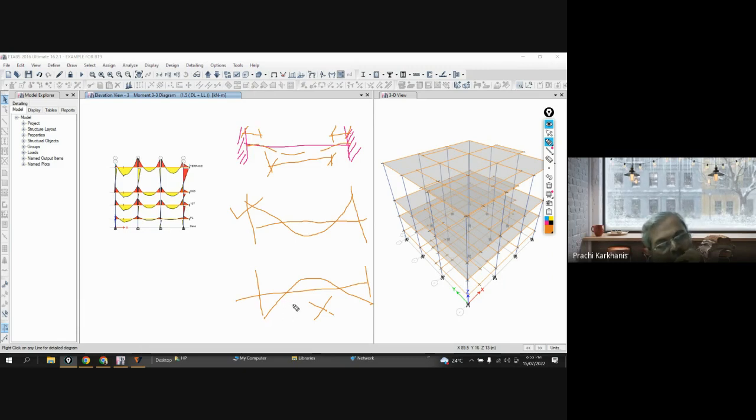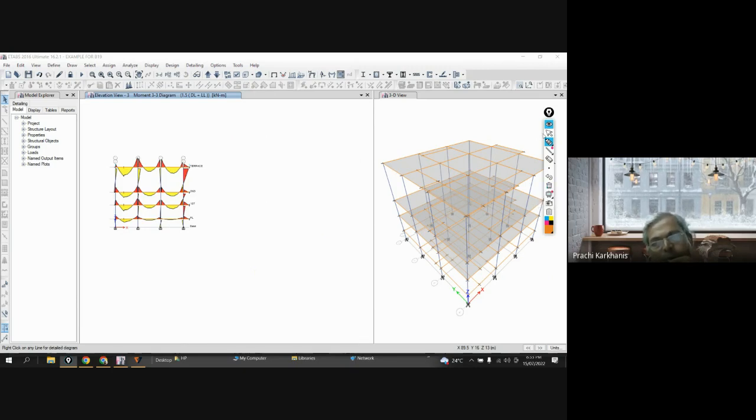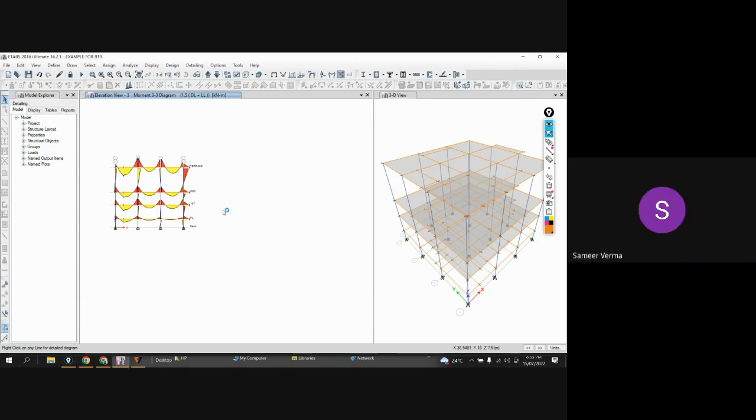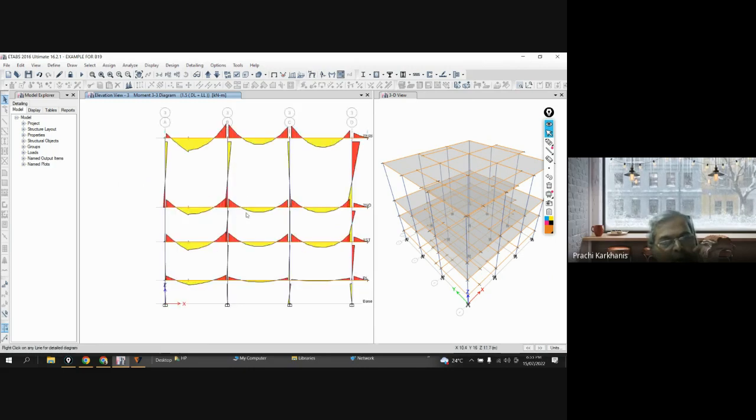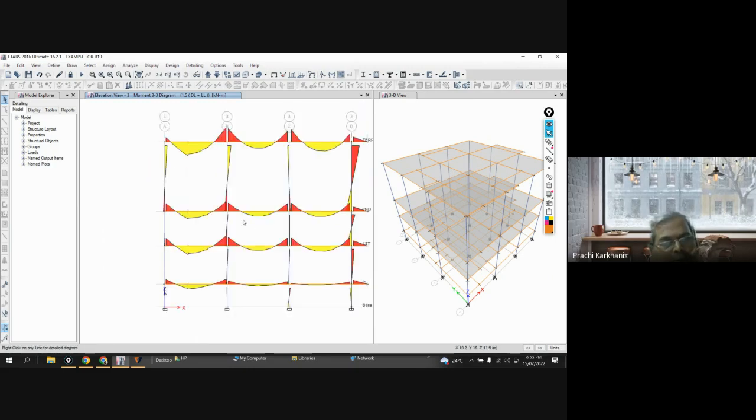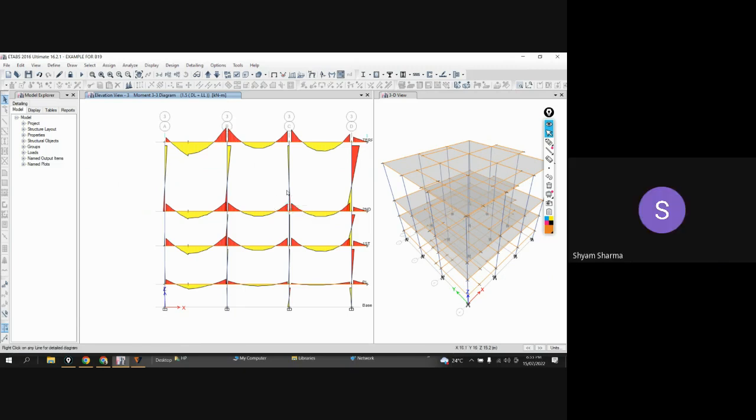So you can always draw the bending moment on the tension face. Clear? Yes, sir. That's why if you see this bending moment diagram, you will say right here that, sir, in this region I need reinforcement at bottom, and in this region I need reinforcement at top.